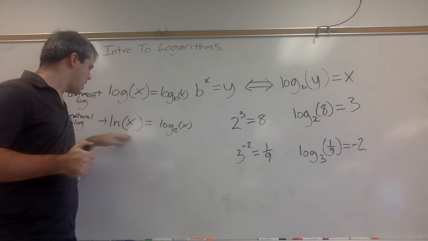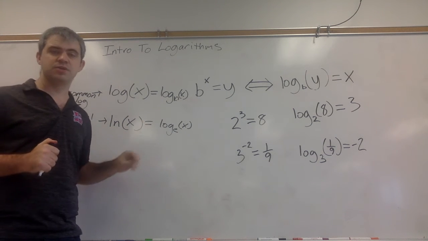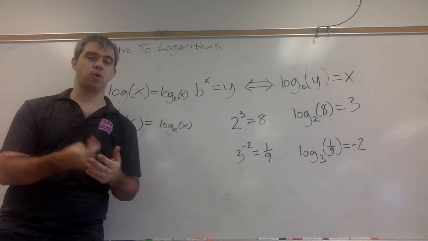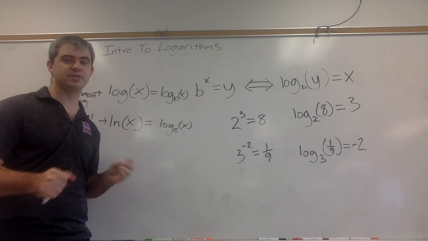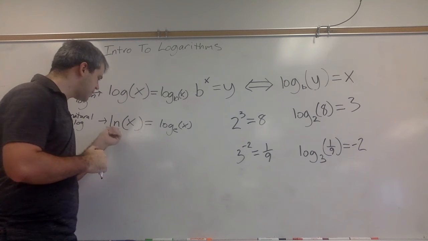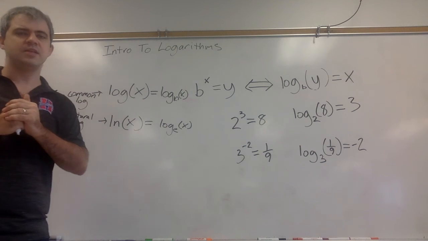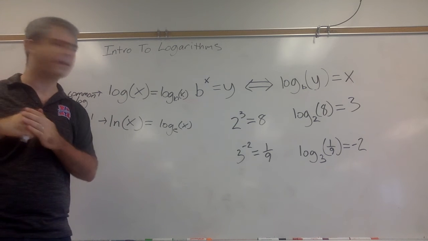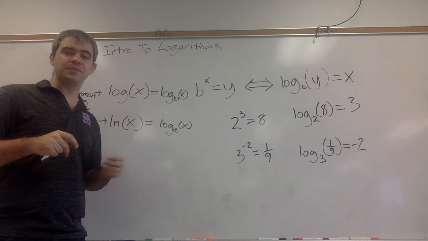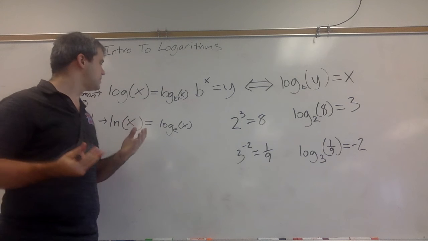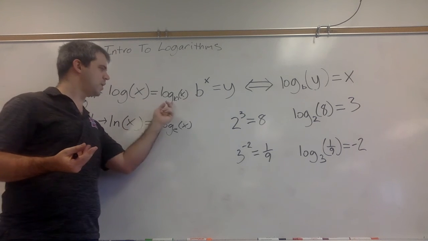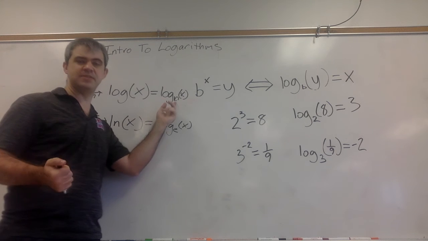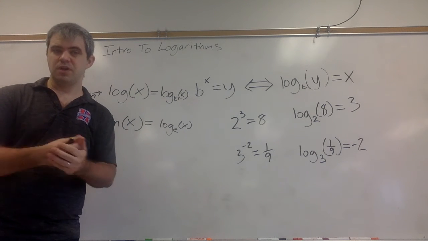I will say that natural logs are probably the most important logarithms. When you get into calculus, you're going to wish that every single log was a natural log. These guys are so easy to deal with in calculus, okay? With that in mind, I also want to say that this common log, where if I don't write a base, it's base 10, that's not universal.